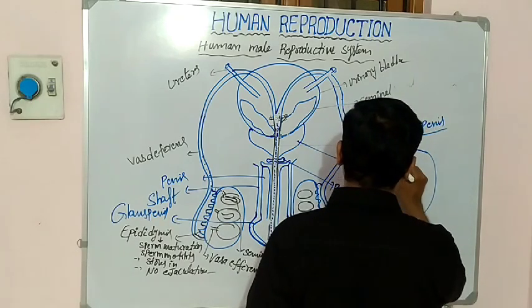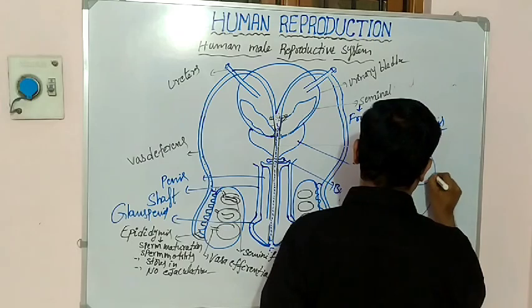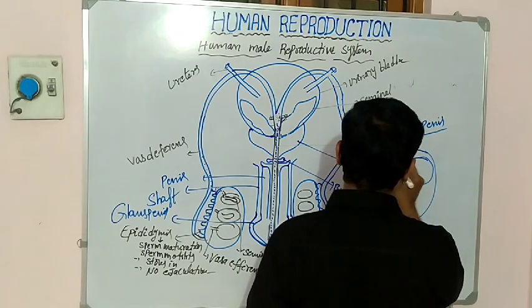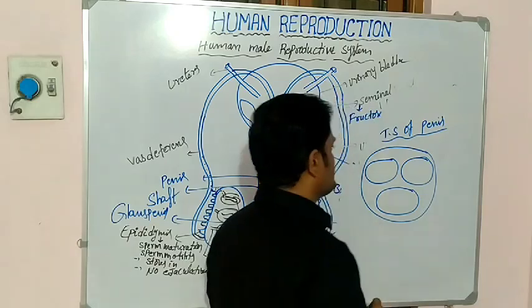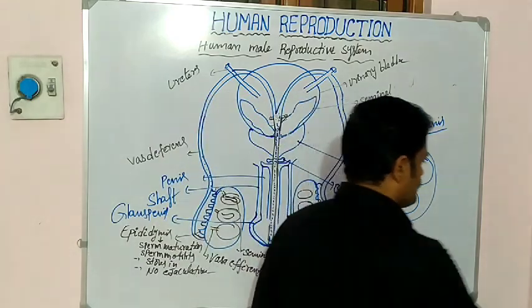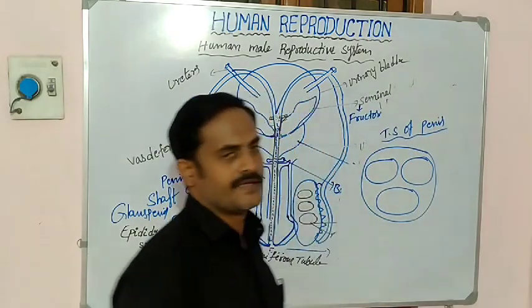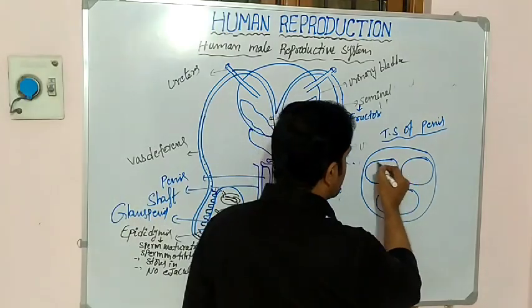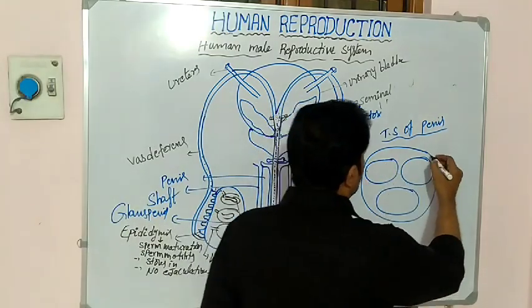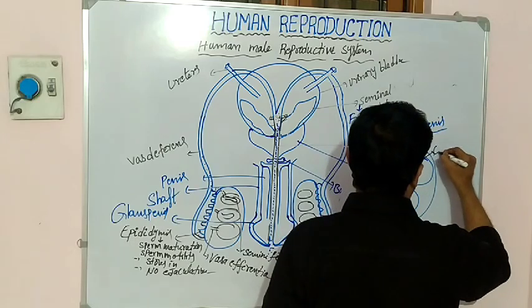See here, two types of arrangements are present. When we observe the TS of penis, these two arrangements are called corpora cavernosa.